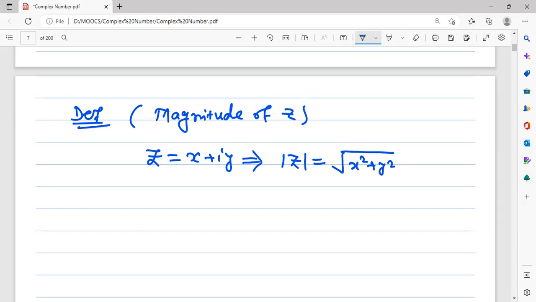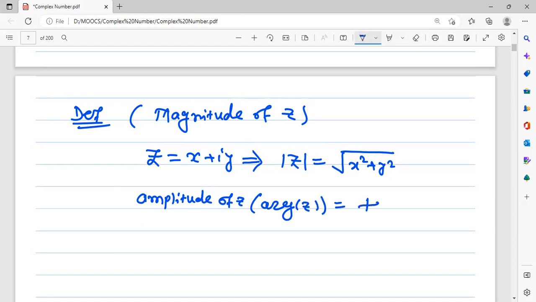And I will define another term also, the amplitude of z. This is also called the argument of z.